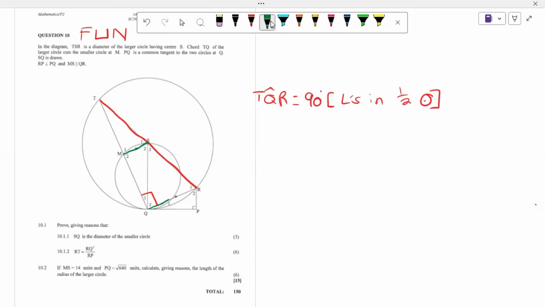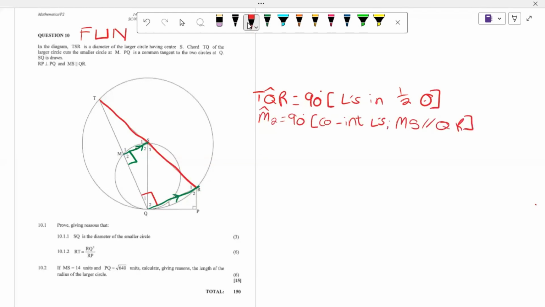So what it's telling me is that I can use my co-interior angles and actually prove that this angle is 90 degrees. So now I can say, okay, M2 is equal to 90 degrees. My reason will be co-interior angles, given that MS is parallel to QR.